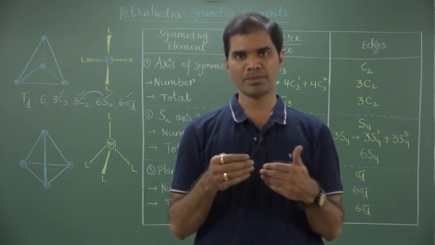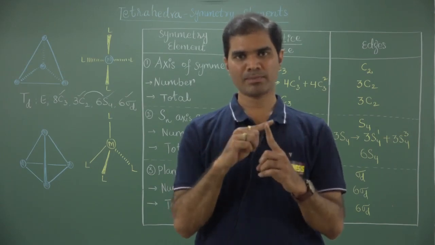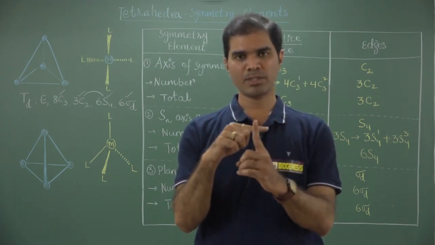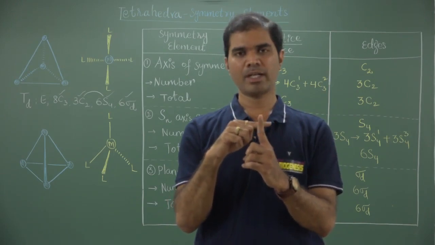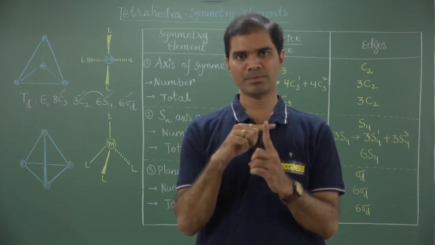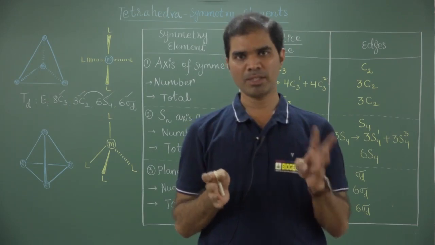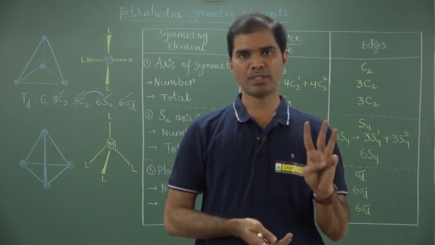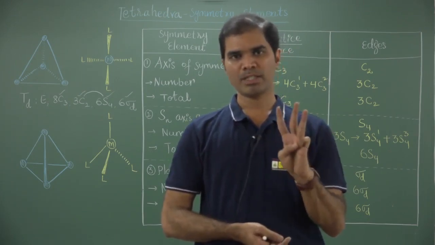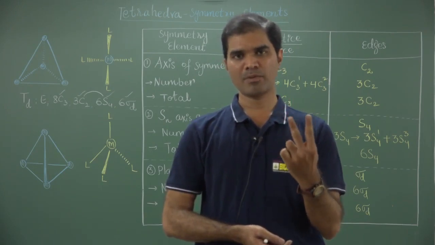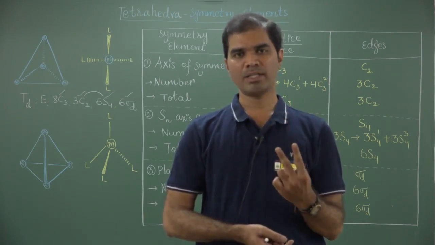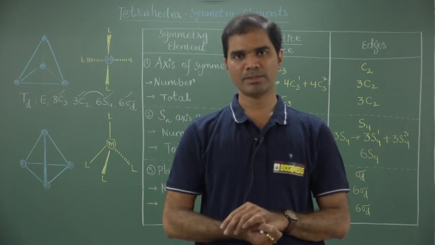That will continue depending upon their staggered nature. For tetrahedra, for these 2 edges, C2 is present, and hence S4 will be possible. Altogether, how many C2s are there? 3 C2s. Therefore, 3 S4s are possible. Each S4 will generate 2 symmetry elements, S4^1, S4^3, and hence altogether 6 S4s are present.